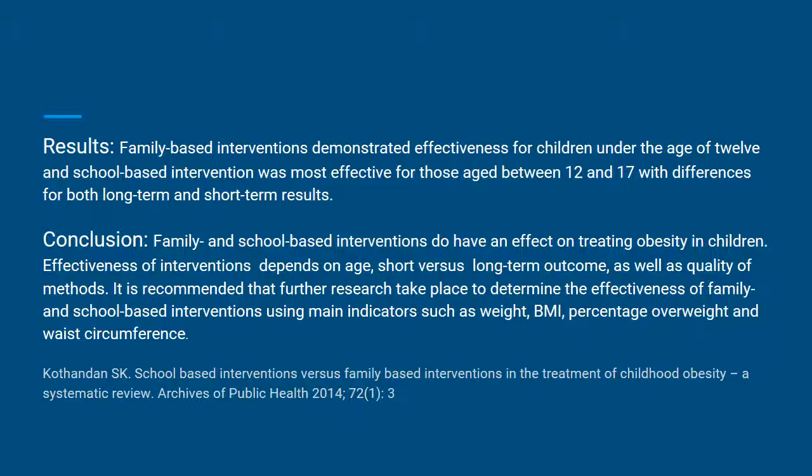The conclusion from this review was that family and school-based interventions do have an effect on treating obesity in children. This depends on age, how long the intervention is, as well as quality of intervention methods. It's recommended that further research take place to determine the effectiveness of both of these interventions.